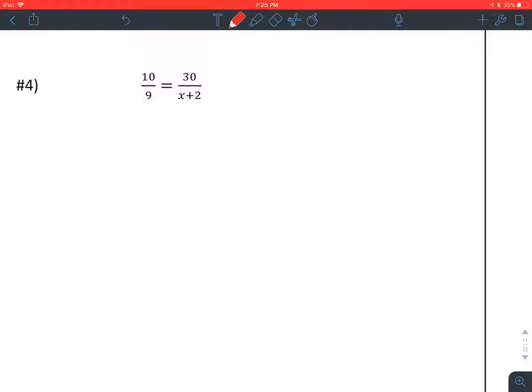Number 4, I cannot reduce my fractions. So I'm going to go ahead and multiply both sides by the product of 9 and x plus 2. Why did I choose 9 and x plus 2? Because on the right then, when I multiply and divide by the same thing, they cancel. On the left, when I multiply and divide by the same thing, they cancel. Now I don't have any fractions.